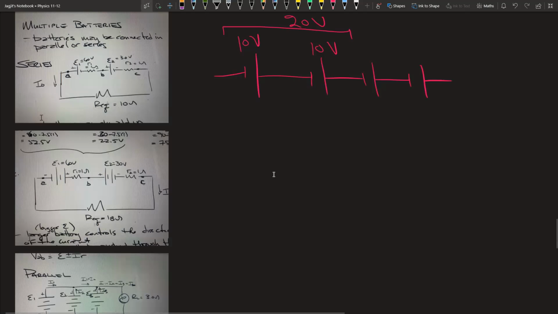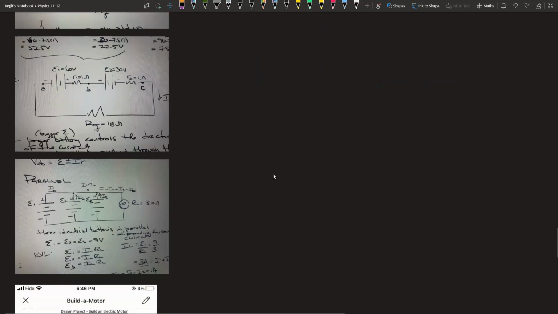Now, sometimes you will see that their notation is a bit different. Like in this example, look at this. This is a negative. Here's a positive. Now, positive is connected to a negative. Here's a positive. But then over here, we have a positive. Now look at that. This is 30 volts. It means you can imagine it's going to push 30 volts this way. But this is 60 volts. It's going to push 60 volts this way, because you always go from positive.